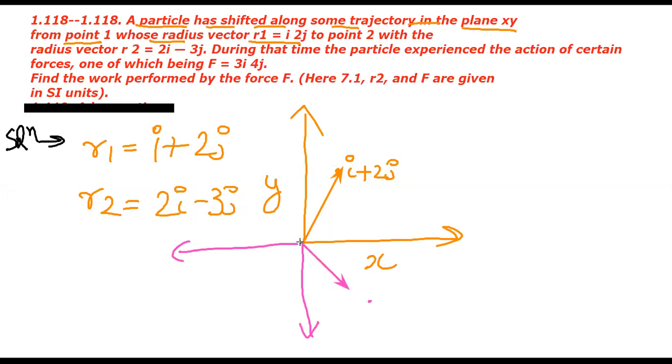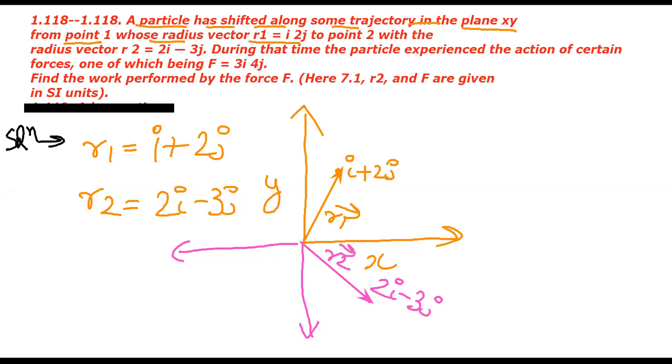So this is the 2i minus 3j vector. This is the r1 vector, as I marked with orange color, and this is the r2 vector.